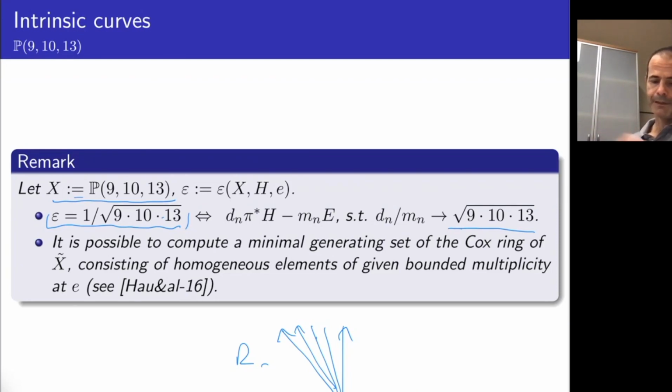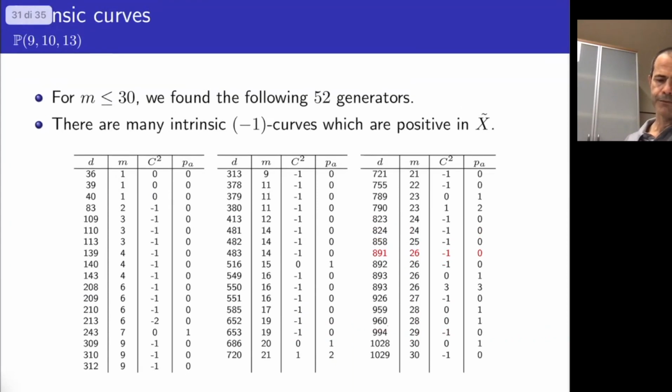The class of a generator for the Cox ring corresponds to an element of the effective cone, so this allows us to produce classes inside the effective cone. For instance, if we set m to be at most 30, we found this list of 52 generators.